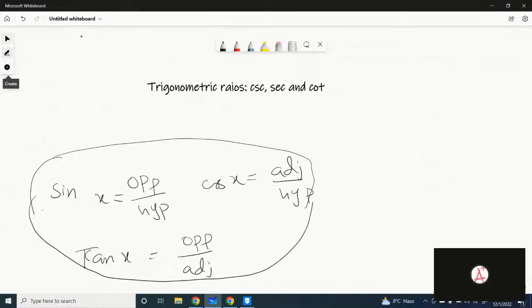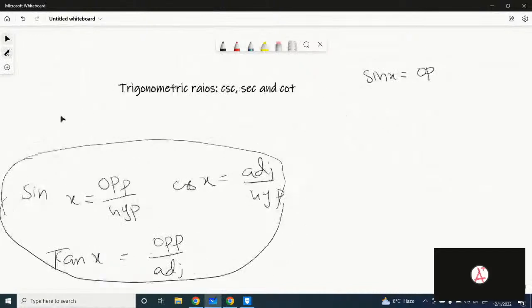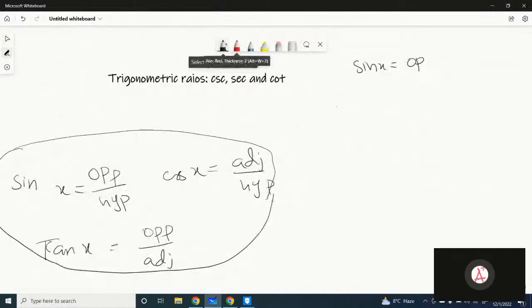Sine of any angle is opposite divided by hypotenuse.